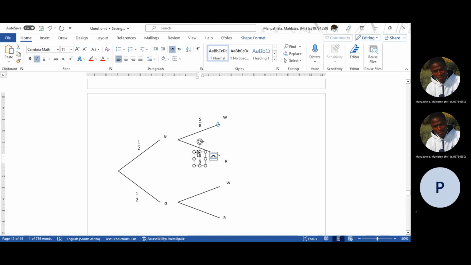So it says the green bucket contains 2 white balls and 7 red balls.